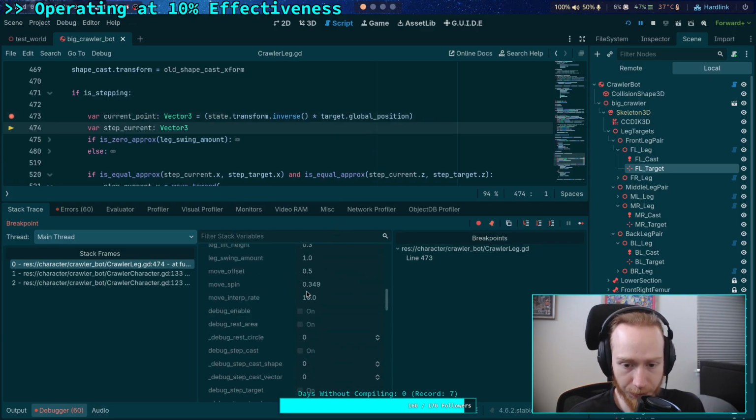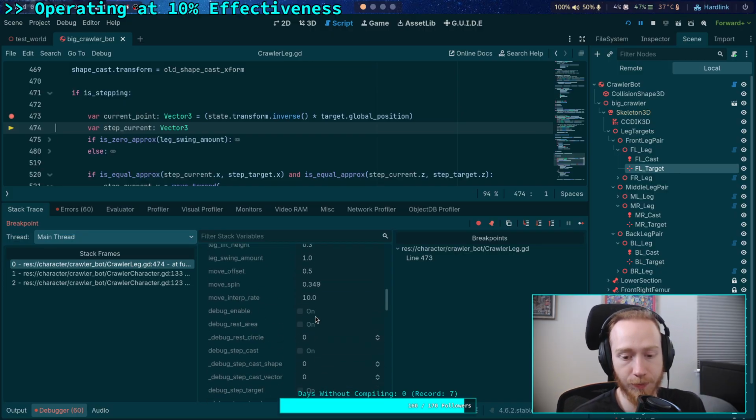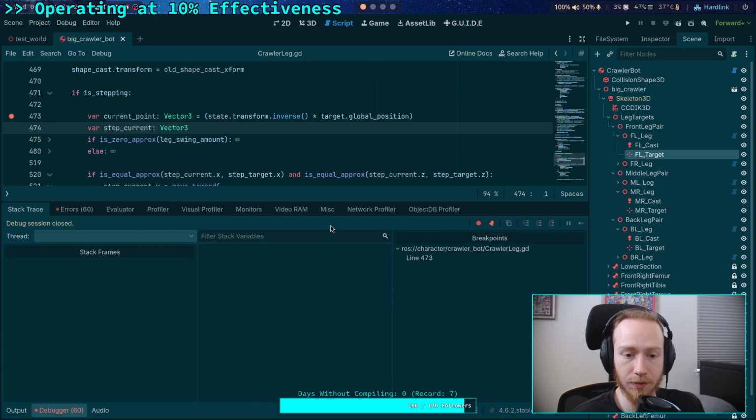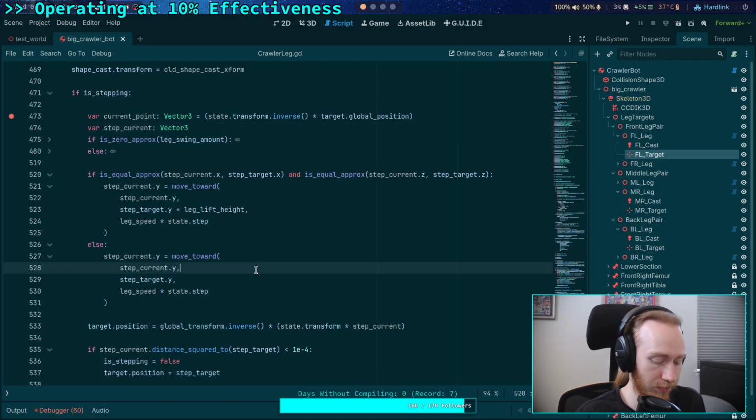All right, so we should be looking at probably the first leg. Index 0. Yep. This is the front left leg, though. Index 0 is the front left leg. Why does it not say it's left?